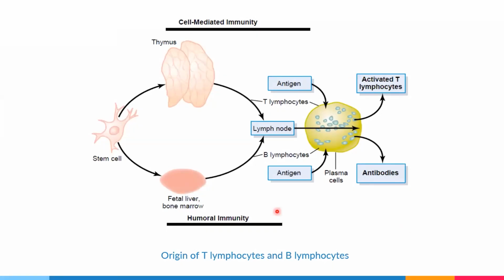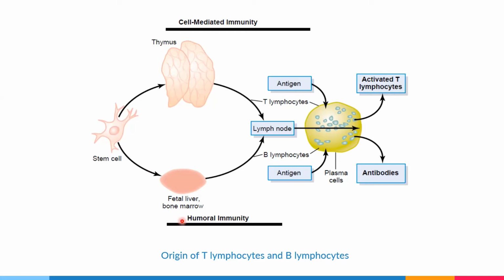So let's look a bit more closely into the origin of T lymphocytes and B lymphocytes, as well as the type of immunity they provide. Both the T lymphocytes and B lymphocytes are made from the hematopoietic stem cells, but when they are released into the blood, the immature lymphocytes first home into either the thymus or the bone marrow, in which they mature.